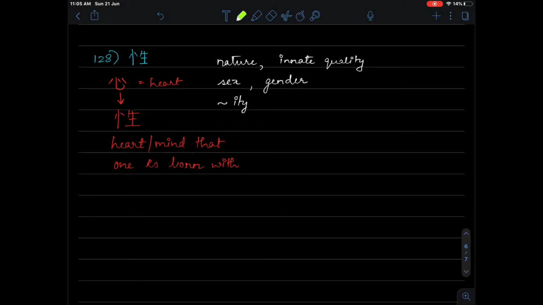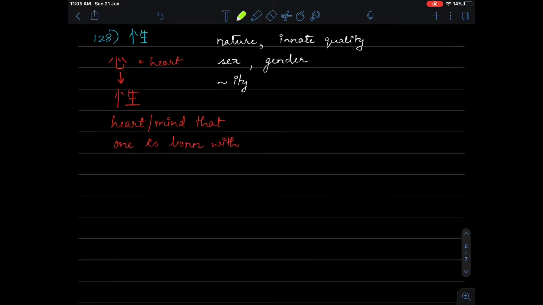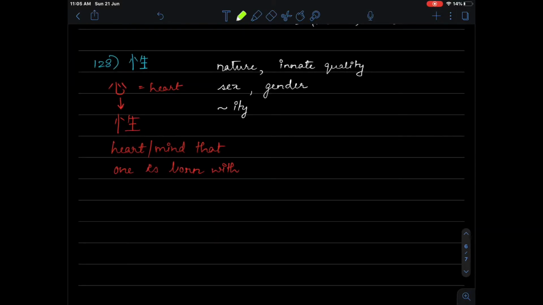Okay, now let's have a look at the on and kunyomi. Again, very conveniently, we do not have any kunyomi, we only have onyomi. And once more, very conveniently, the onyomis are sei and sho, both of which are also onyomis for the umareru umu kanji, which is the tsukuri of this kanji.